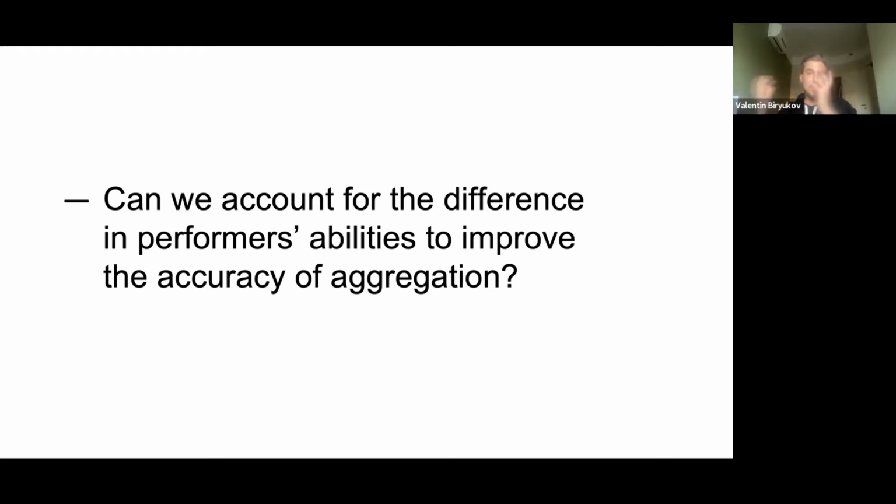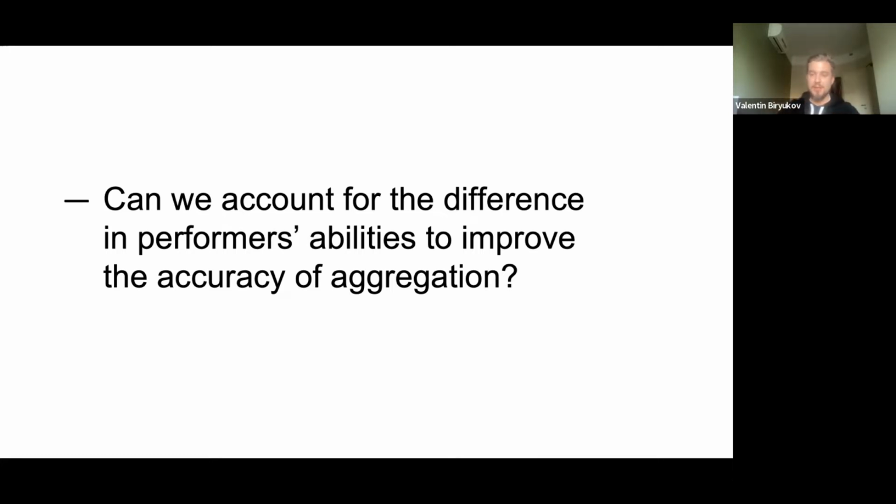For example, in computer vision tasks, some people may see something and another one probably doesn't notice such things. In the text area, someone may understand that a phrase is toxic in hate speech detection, or that it's neutral or something else. And in different areas, in different tasks, they may have different ability to provide a correct answer.